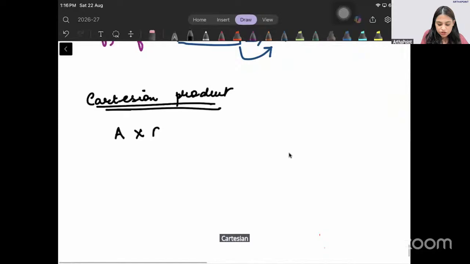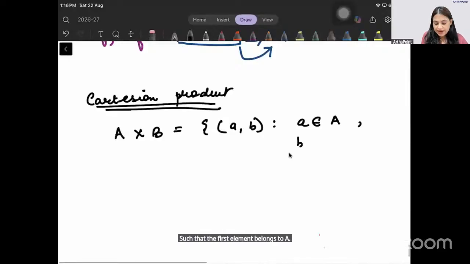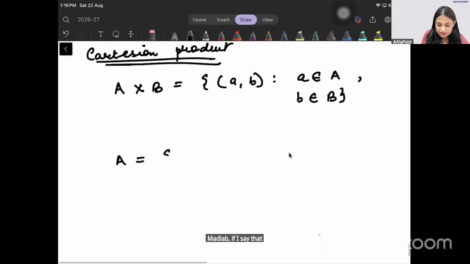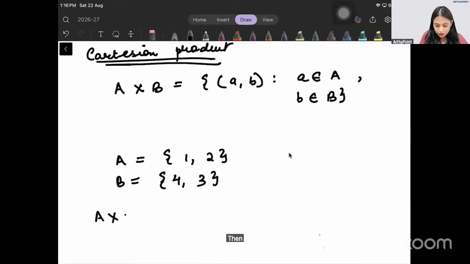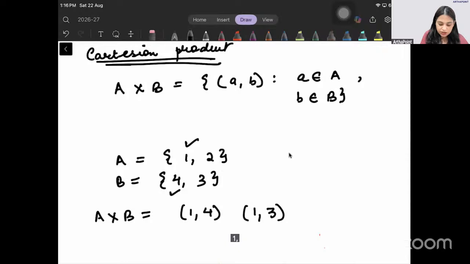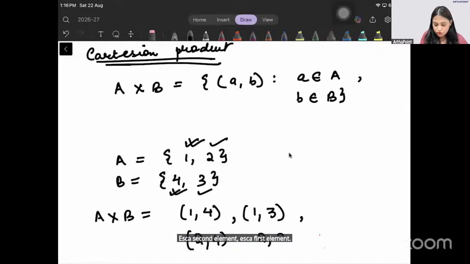Cartesian product A cross B is A comma B such that the first element belongs to A and second element belongs to B. Matlab, if I say that set A is 1 comma 2, set B is 4 comma 3, then Cartesian product A cross B will be 1 comma 4. इसका पहला एलिमेंट, इसका पहला एलिमेंट 1 comma 3, इसका फर्स्ट एलिमेंट, इसका सेकेंड एलिमेंट 2 comma 4, इसका सेकेंड एलिमेंट, इसका फर्स्ट एलिमेंट 2 comma 3.